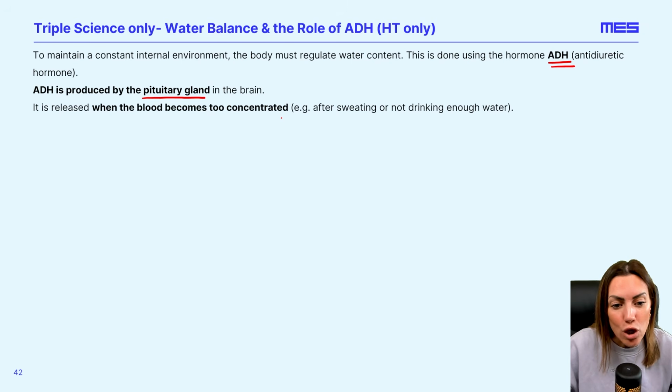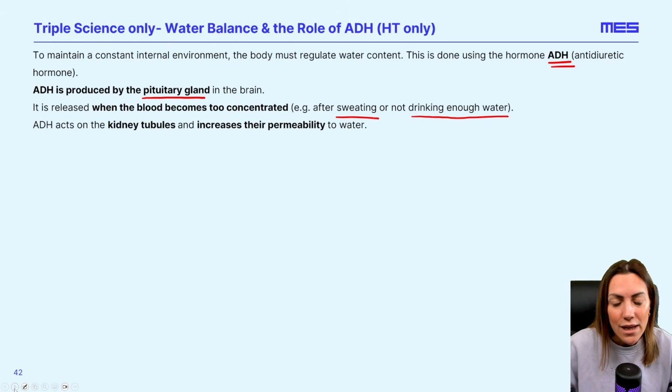water in your blood. So maybe you've been exercising, it's been a really hot day, you've been sweating and you've lost a lot of water as it's evaporated in that sweat from your skin, or maybe you've just not been drinking enough water. So your blood becomes really concentrated and your blood does not contain enough water. ADH will then be produced by the pituitary gland.